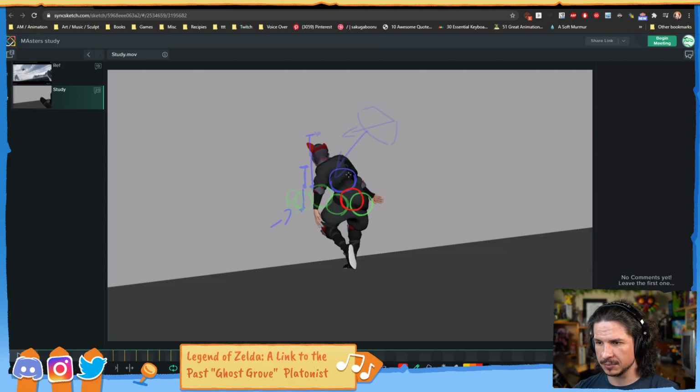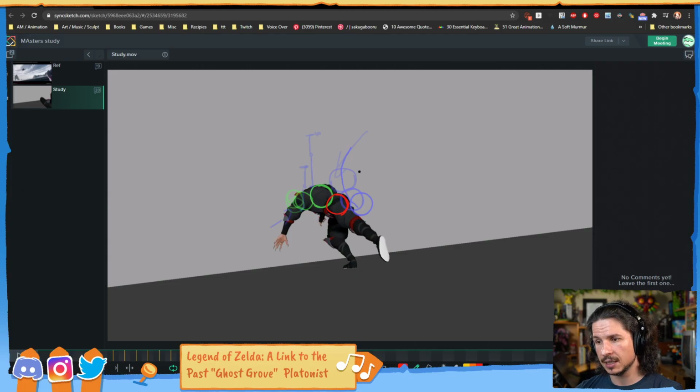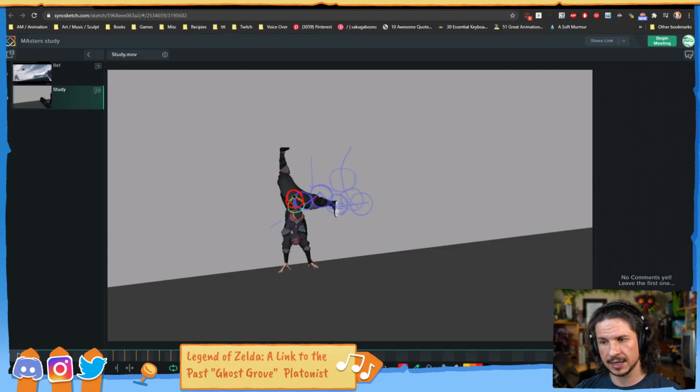If we watch here, it comes down around, just like what we were seeing in the reference, but then instead of going up in the reference, it goes this way. Here it's actually going forward, and then it goes up, and then it goes down, and then it goes up. So it's kind of launching himself forward and then bouncing across, which is losing some of that momentum.